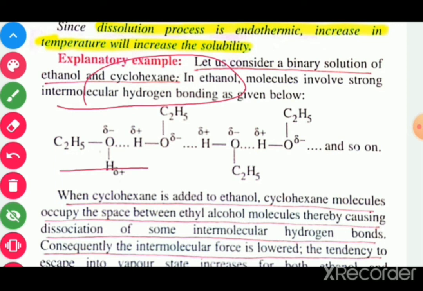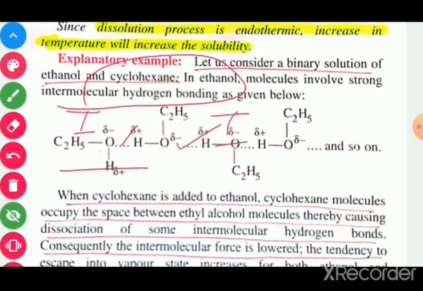The force of attraction, that is the hydrogen bond, takes place between the first and second molecule. So the oxygen of the first molecule interacts with the hydrogen of the second molecule of alcohol through an intermolecular hydrogen bond. Similarly, the second molecule of ethanol interacts through hydrogen bonding with the third molecule.